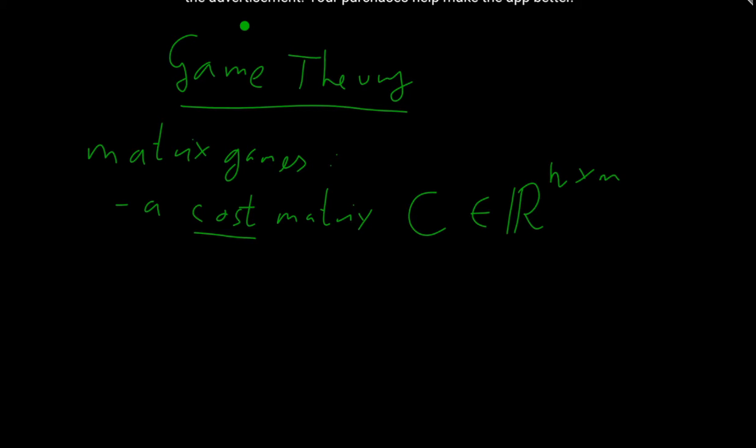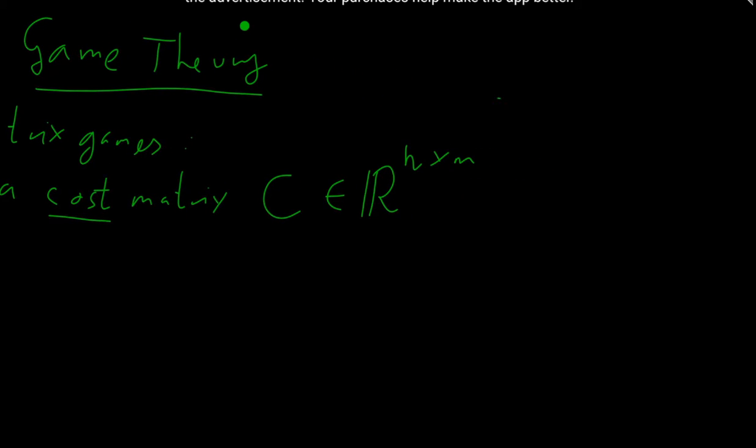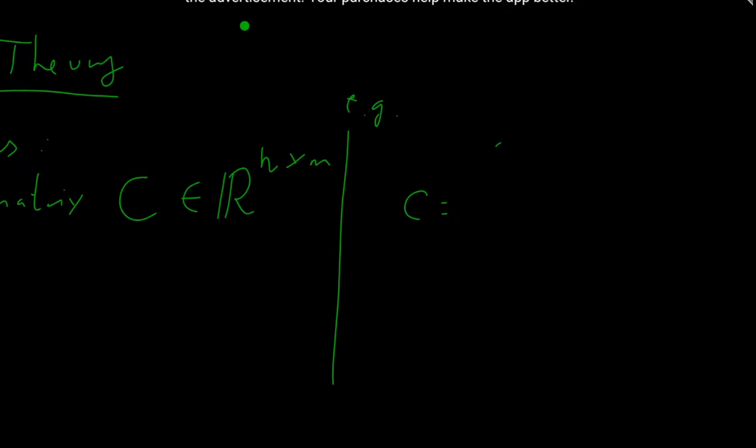Like for example, we can choose, say, a matrix having 3 rows and 3 columns, like 0, -1, -2, and 1, 0, -1, and 2, 1, 0, right?